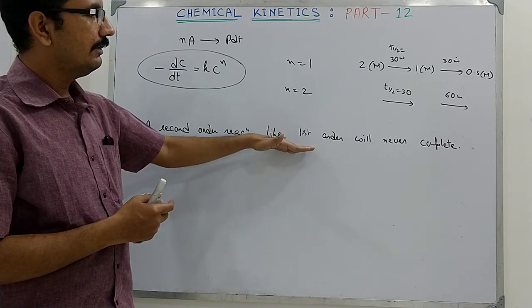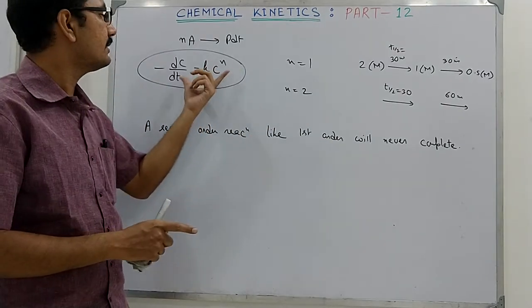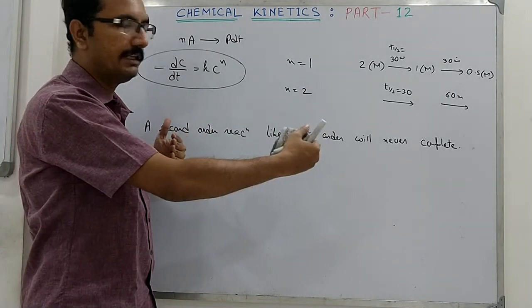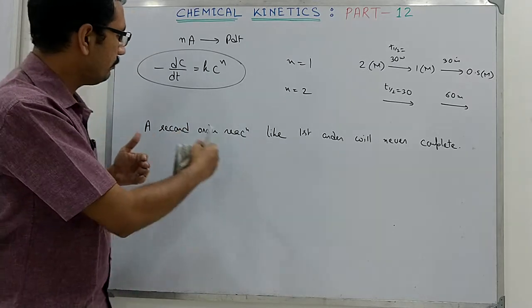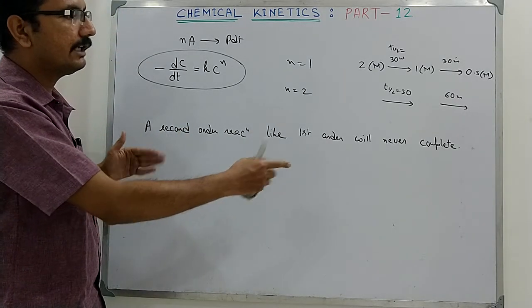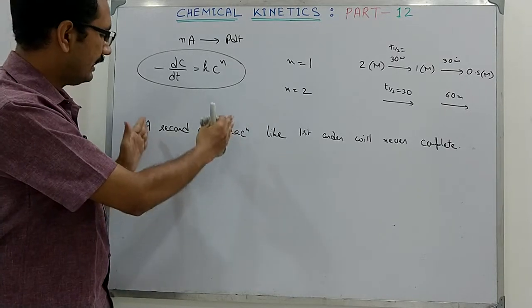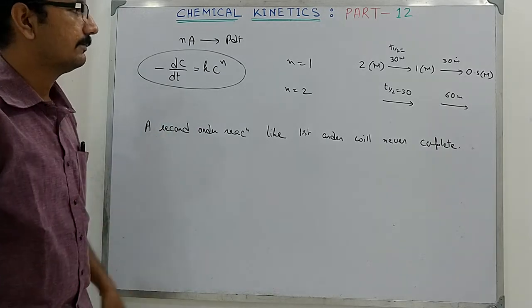In theory it will never complete, but in experiment it will complete, since the product disturbs the understanding and the reaction proceeds after a certain time, that is after the relaxation time, through some other mechanism, through some other order. So that must not be dealt with in the experimental data for a reaction having a particular order.